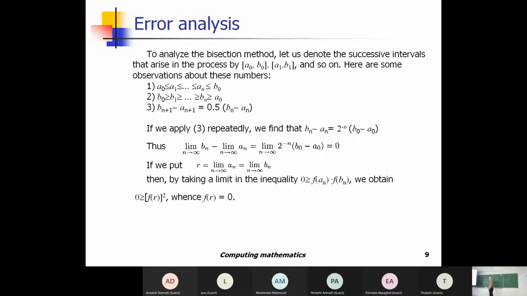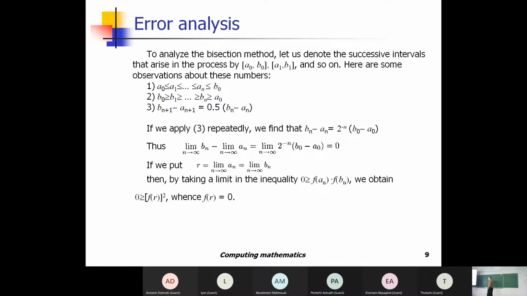2 times smaller. And after that, I apply the same for the next interval: b2 minus a2 equals 0.5 times b1 minus a1. And at the same time, it will be 0.5 power 2.